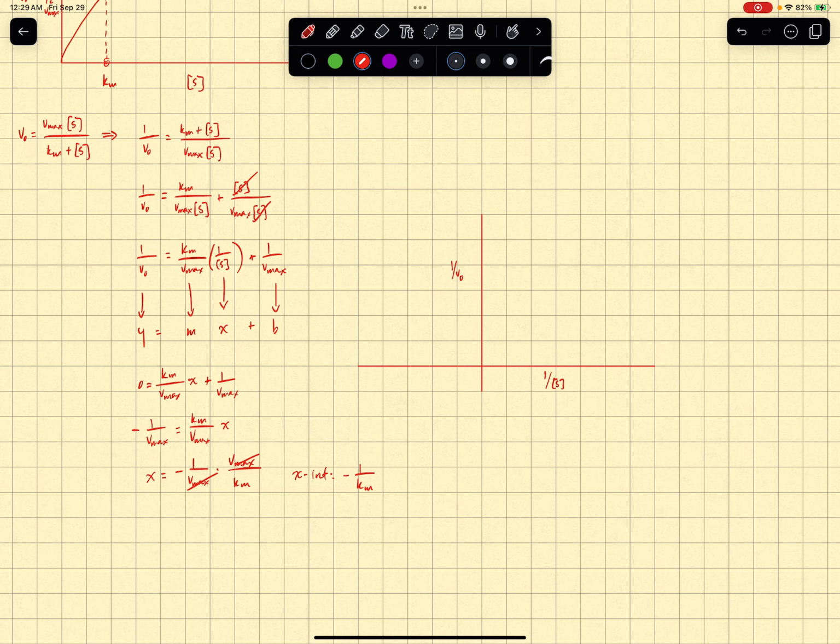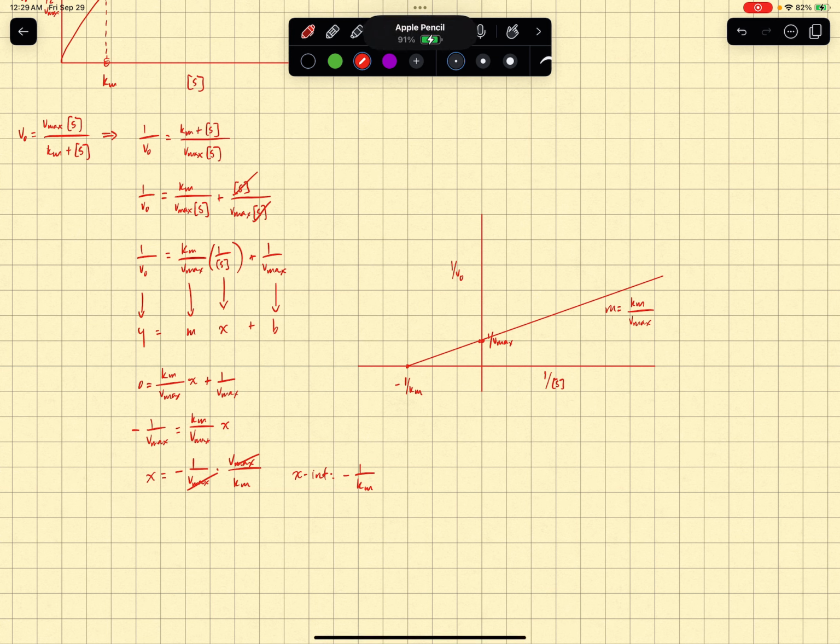Our y-intercept we know is going to be 1 over V max. Our x-intercept is going to be negative 1 over the Km. And the slope of the equation is going to be our m here, which is Km over V max.